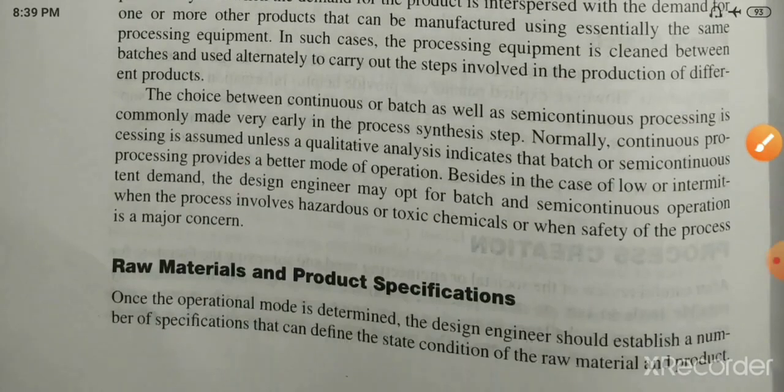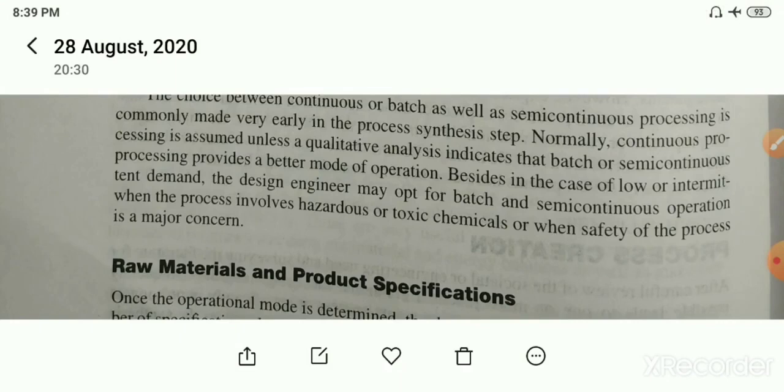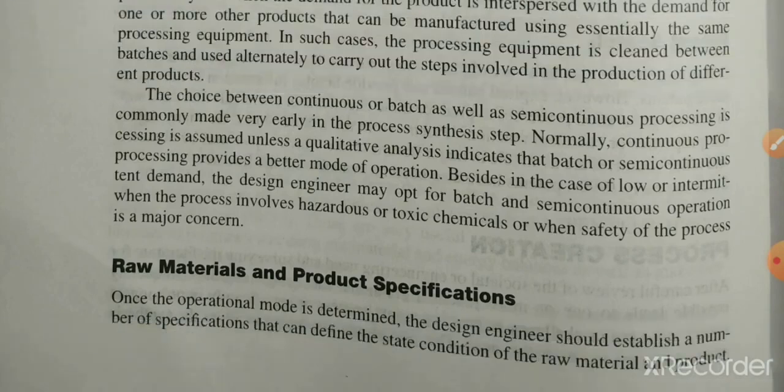Okay, the choice between continuous or batchwise operation, and these processes as well as the semi-continuous processing, is commonly made very early in the process, at the synthesis step. Normally continuous will be the basis.